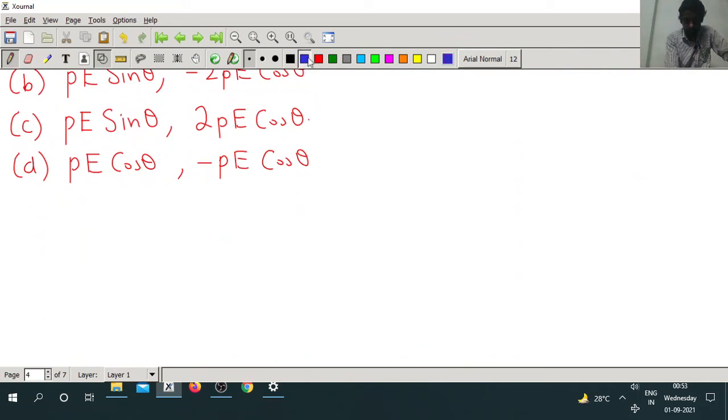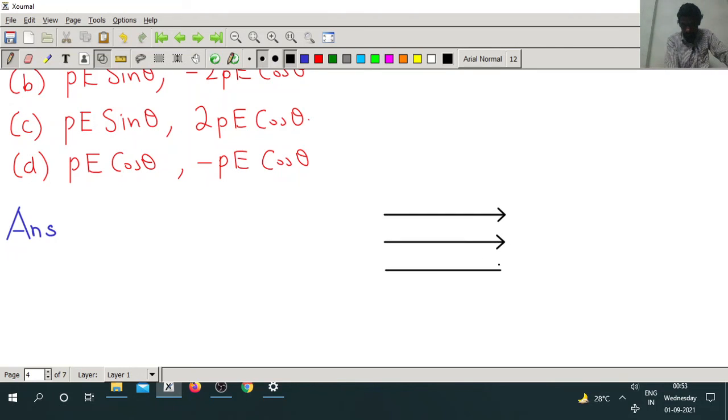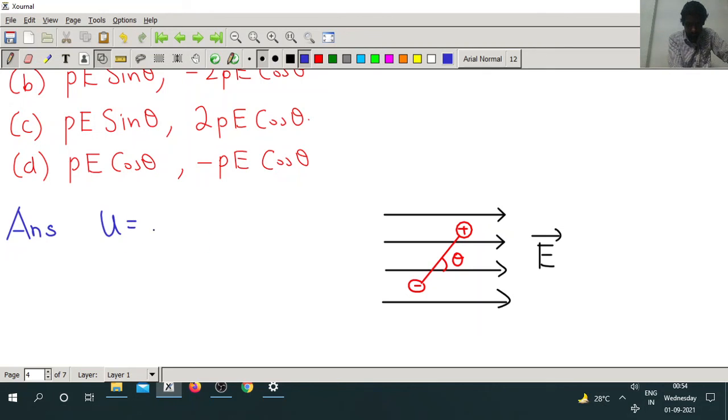If you are placing the dipole in an electric field, let me draw the diagram. If this is an electric field over here and it is a uniform electric field, you can see I am drawing these lines of force parallel. If I place the dipole over here at an angle, then the potential energy of the dipole at any position will be equal to what?